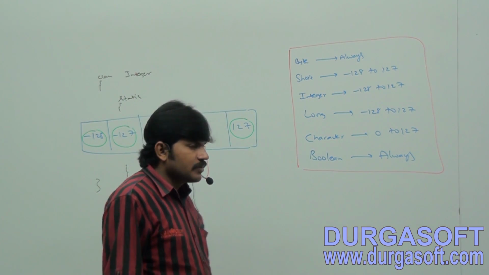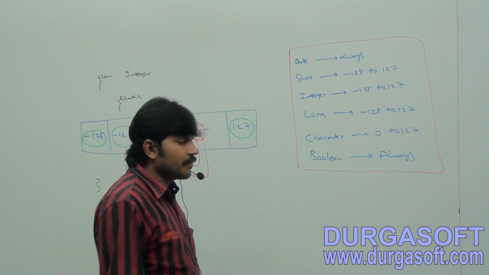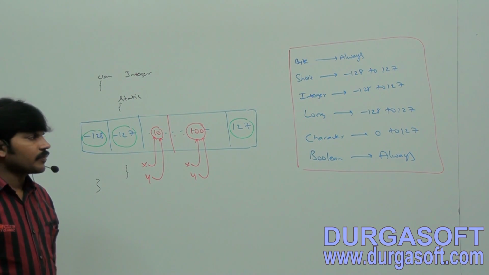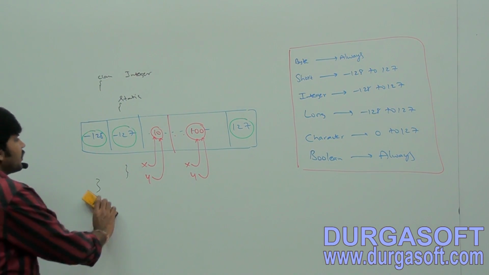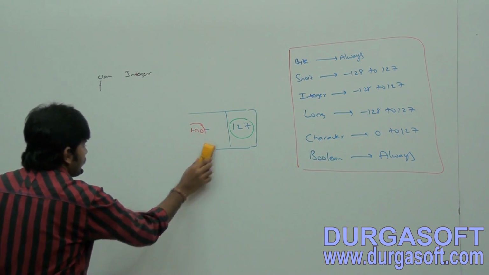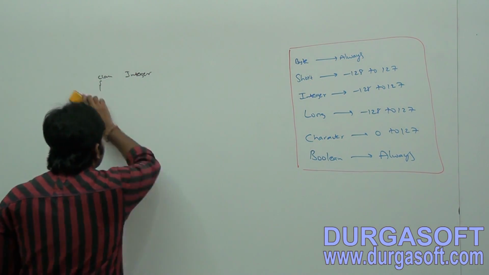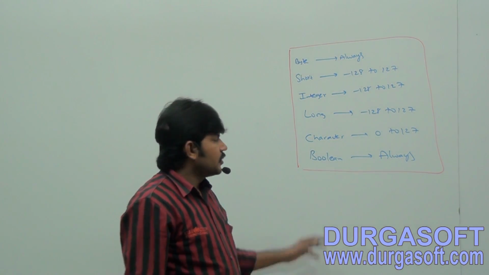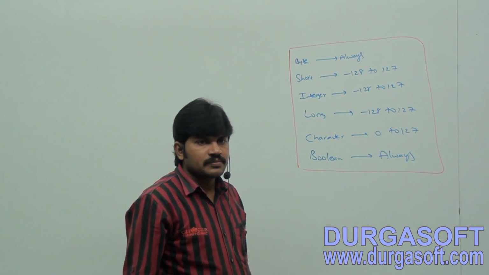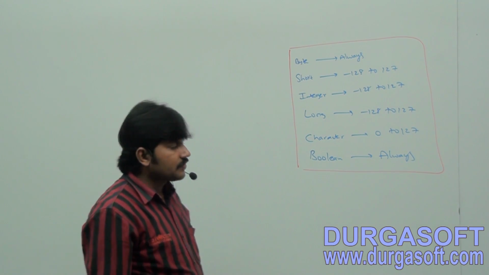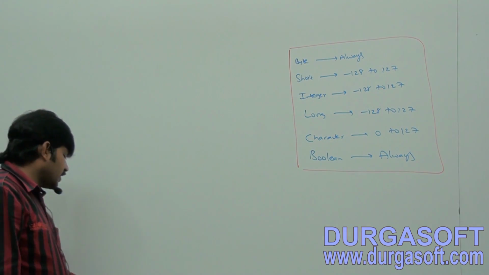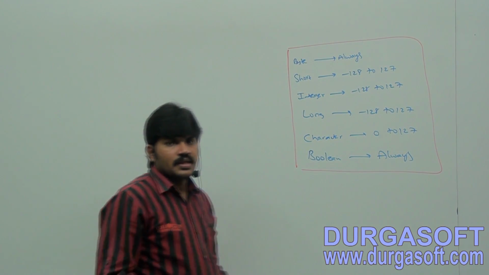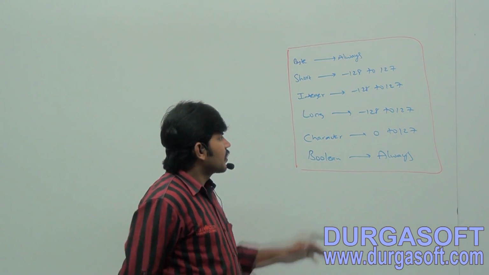Integer, minus 128 to plus 127. Long, minus 128 to plus 127. Character, 0 to 127. Boolean, always. Completed, right?